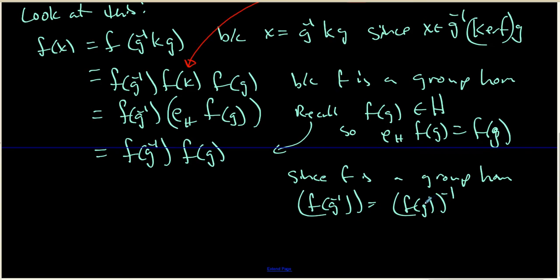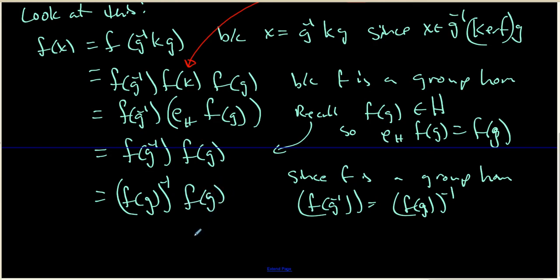In other words, f of g inverse is f of g's inverse. And over here I'm looking at f of g inverse. So I can rewrite that as f of g inverse, and then we have times f of g.